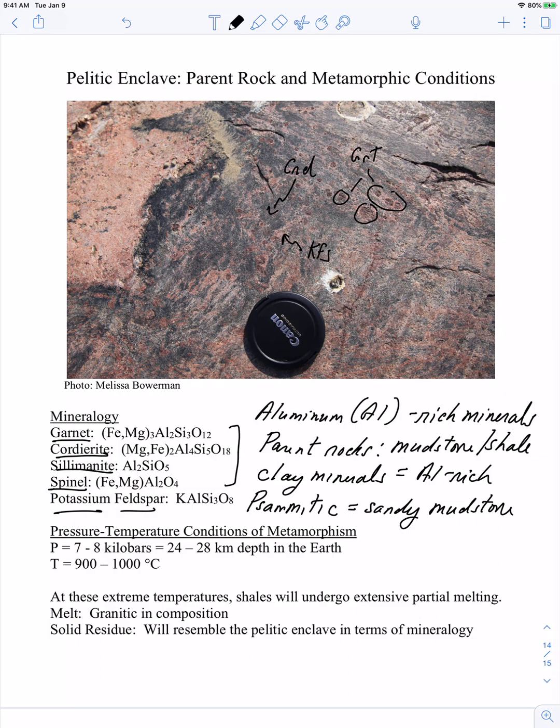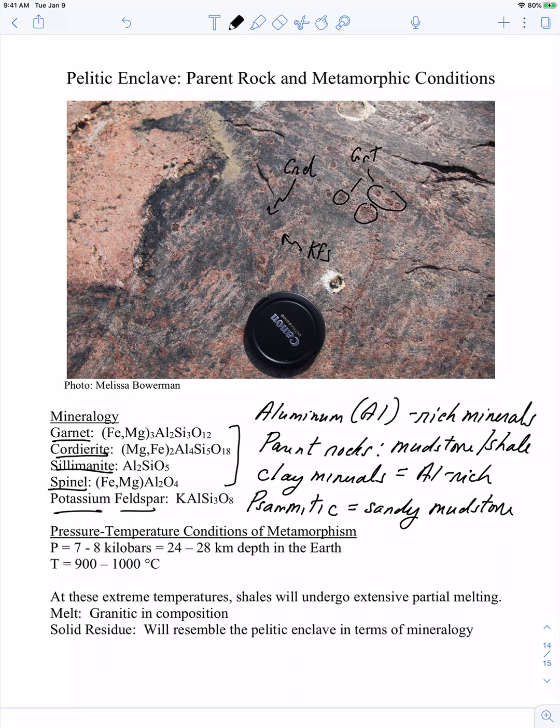On that basis, what my students and I concluded is that phase 2 granite is basically a high temperature partial melt. It's a crystallized melt that was produced by melting these original shales and mudstones. So at Pelican Rapids, we have both the melt product, the crystallized melt, as well as the source rock from which that melt was derived.